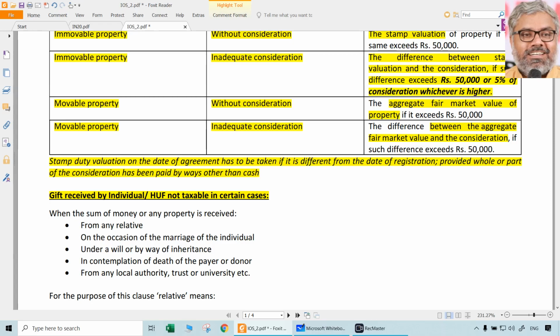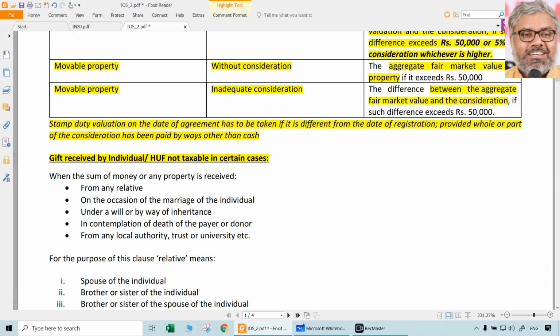If an individual or HUF receives a gift, any money or property, whatever it may be, from any relative, there is zero taxability for the recipient of the gift. It may be surprising, whatever the situation might be, but an Act is an Act, provisions are provisions. The reality is that if any gift is received from any relative, nothing is taxable in the hands of the recipient. Nothing happens. Simple. So that is the first point: a gift is not taxable if it is received from a relative.